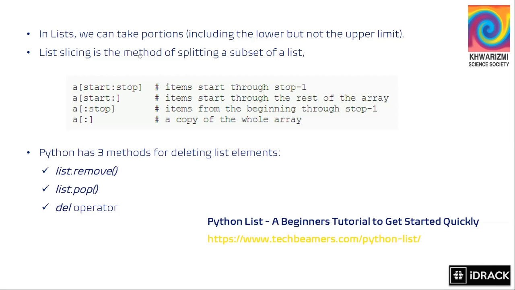So in lists, we can take portions, including the lower, but not the upper limit. For example, if you have a list of, let's say, 100 entries, and for your specific exercise you only want the first 20 entries, you would need to splice the list.